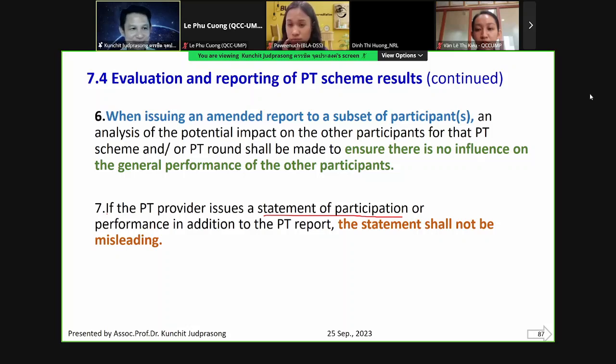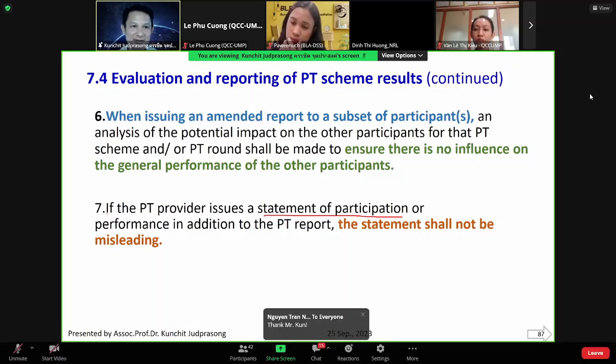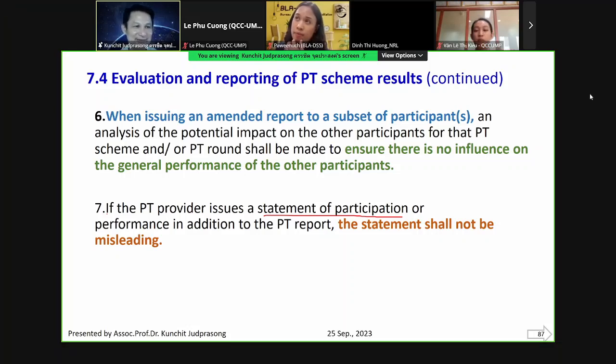But if you ignore it, and you did not add anything in the report or in the planning, the assessor may need clarification on how the assessor would know you understand the uncertainty and methodological traceability.